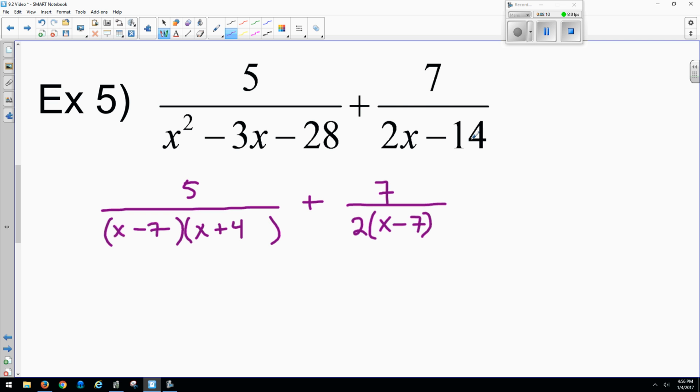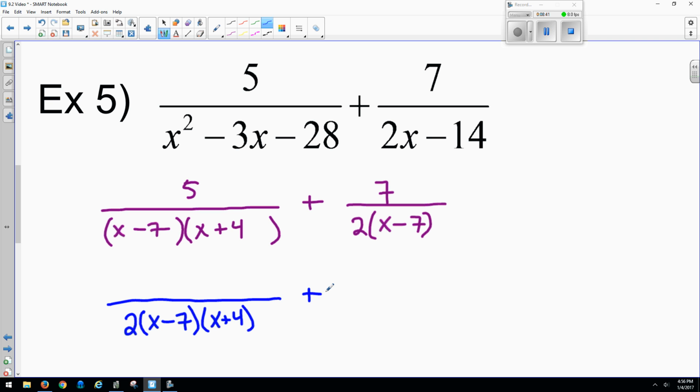So I'm just pulling out a greatest common factor in that denominator. And so now I'm just looking for, all right, what does this one have that this one doesn't have? And what does this one have that this one doesn't have? And so if I combine everything, I'm going to get as my new denominator 2 times x minus 7 times x plus 4. That has to be the denominator.